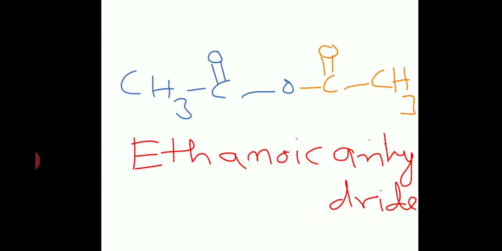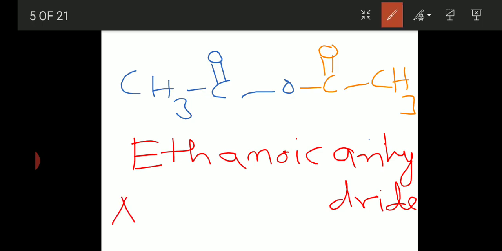Now CH3COOH, its common name is acetic acid. That's why it is also called acetic anhydride. So mostly it is called acetic anhydride by using the common name only. Ethanoic anhydride is the IUPAC name.